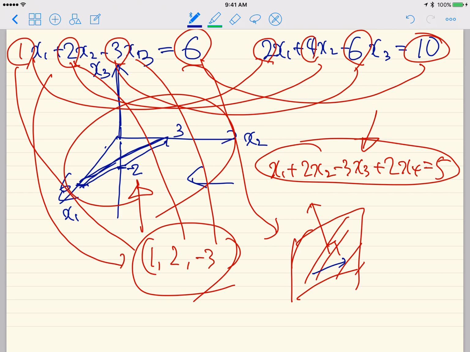This angle is always 90 degrees, whatever vector we choose contained in this plane. So this is our normal vector.